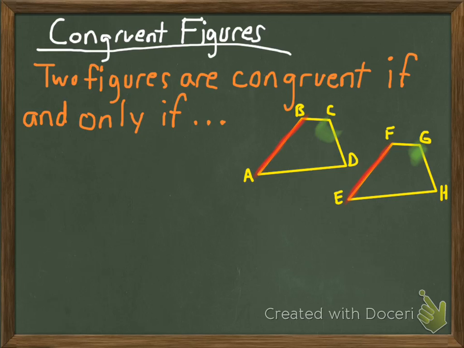And the only way that these two figures can be congruent is if all of the corresponding sides of the two figures are the same length and all of the corresponding pairs of angles are congruent to one another. So that's our definition.